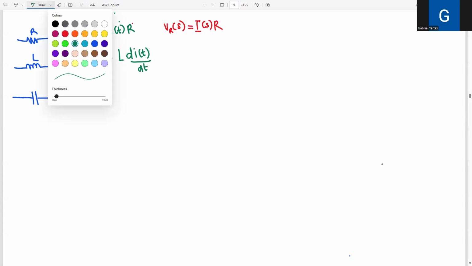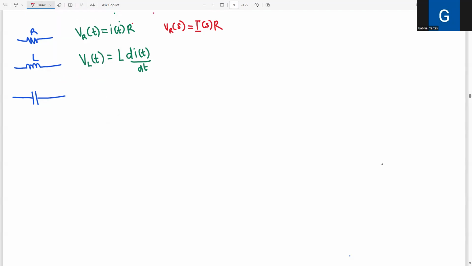And if I'm to find the Laplace of this equation, it is going to be V_L of s equals L, and then the Laplace of any derivative, since this one is a first derivative, is just multiplied by s, and then I of s. That's all. Now let's come to the capacitor.